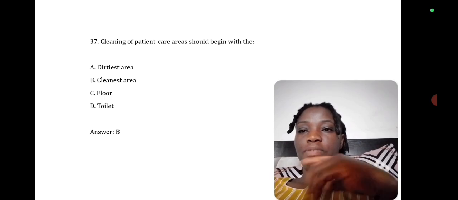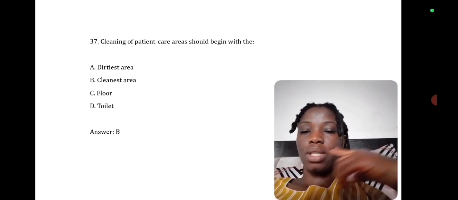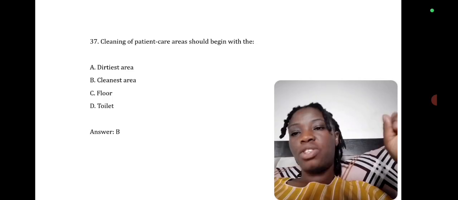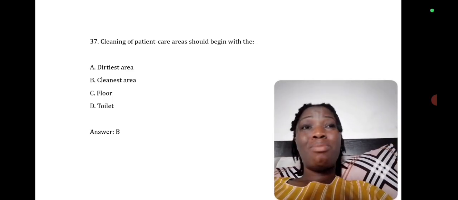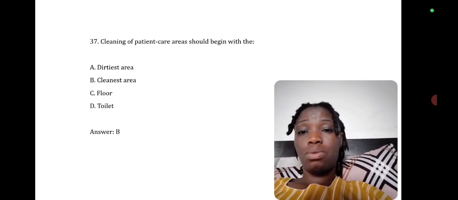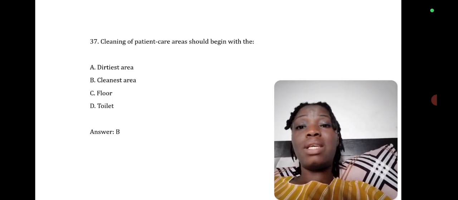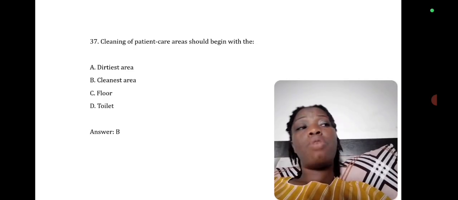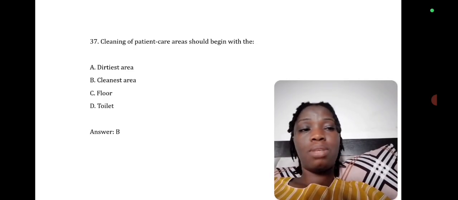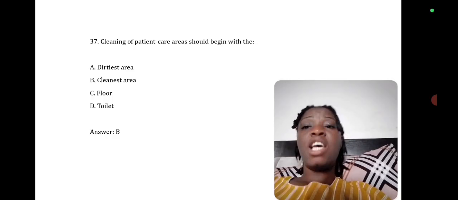Next question, 37. Cleaning of patient care areas should begin with the cleanest area. Even normal mopping in the hospital, our janitors or our cleaners should always clean places that are clean first before you go to the dirty places. And the mop you use for cleaning the clean place is not the same mop you should use for cleaning the dirty place.